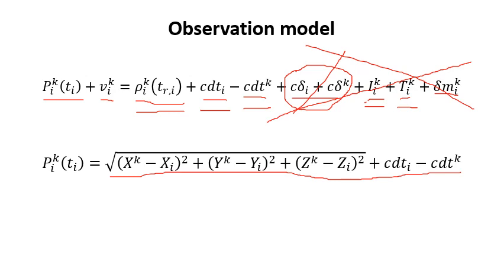So the geometric distance is modeled, as you can see, by the norm, which can be easily defined. This is the difference between the satellite and the user's location in three terms. If we take the norm, we can easily compute the geometric distance, and the next two terms will be the receiver clock error, the first one, and this is the satellite clock error.